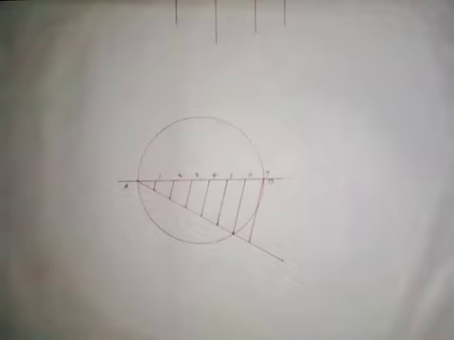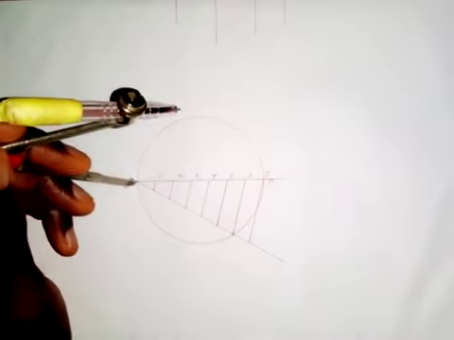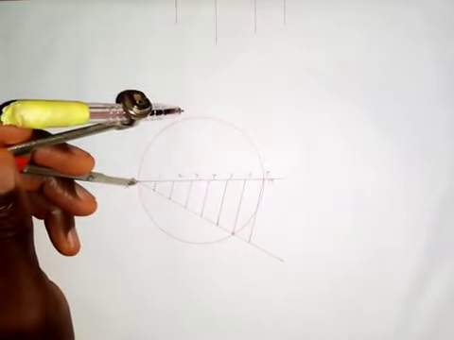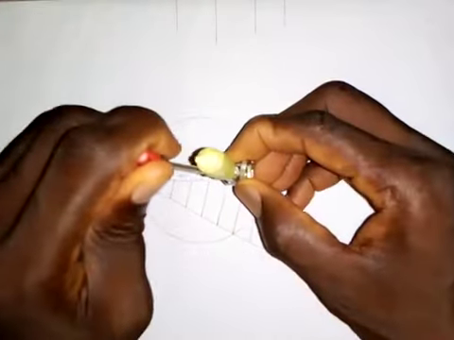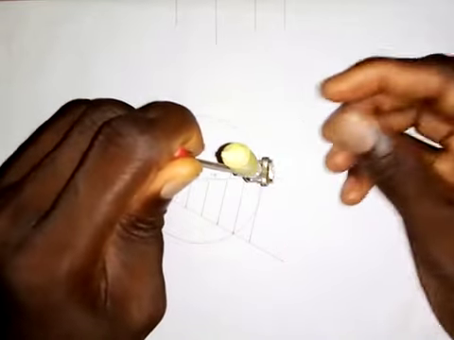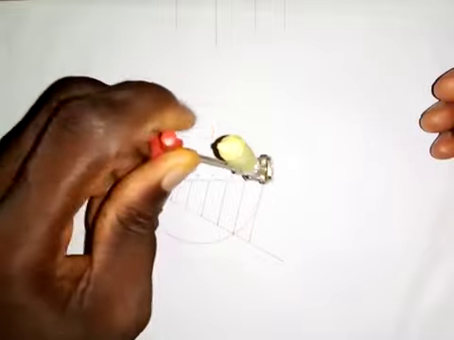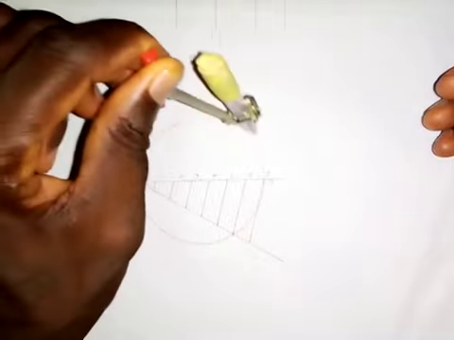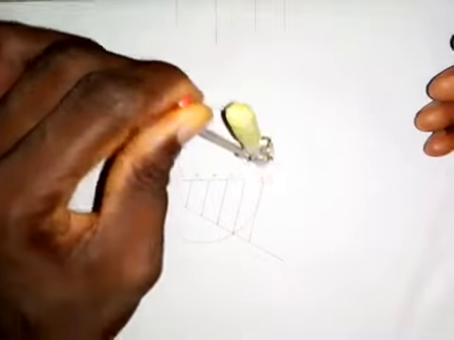So the next thing that we are going to do is to take a compass. We put the pinpoint at this point A on the circle, and we extend it to point B, which is equal to the diameter of the circle, and we draw an arc like this.